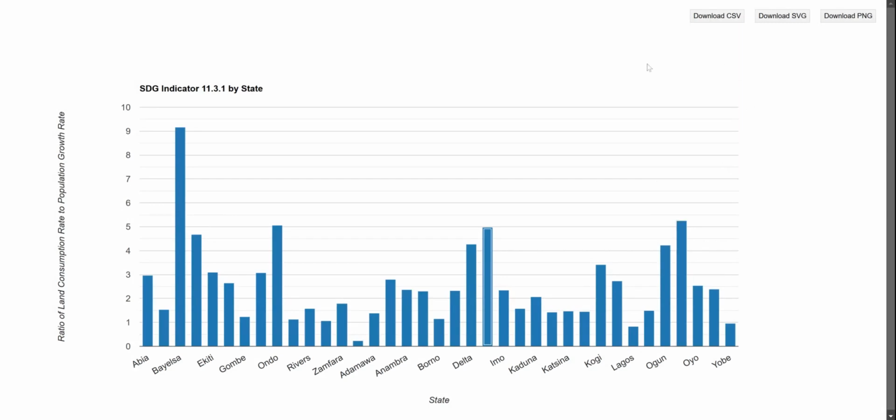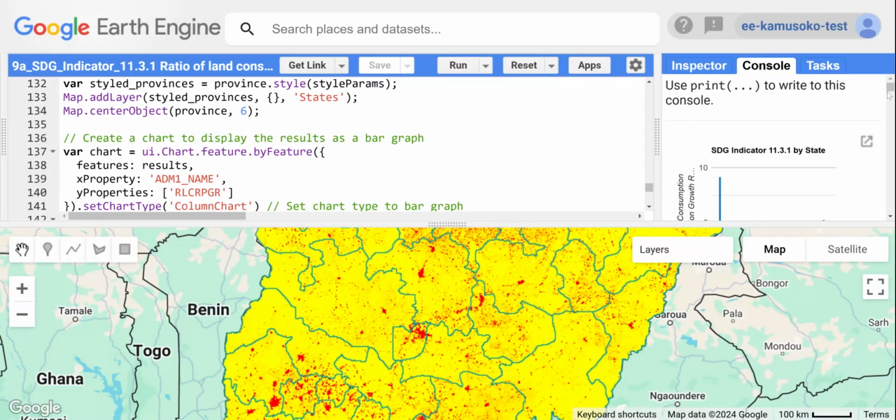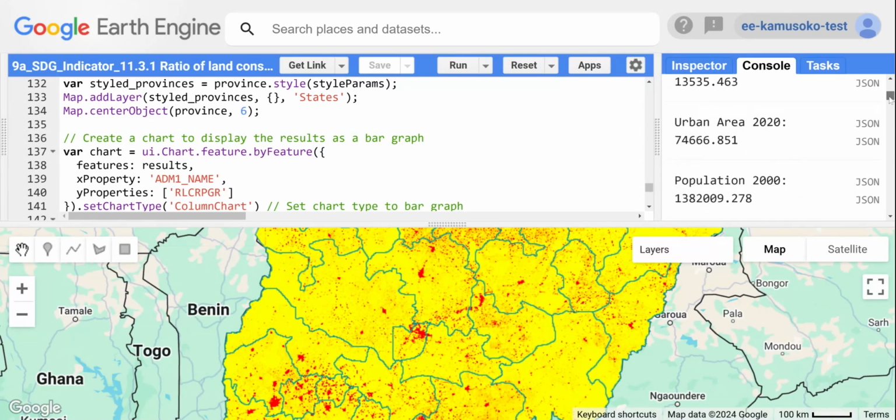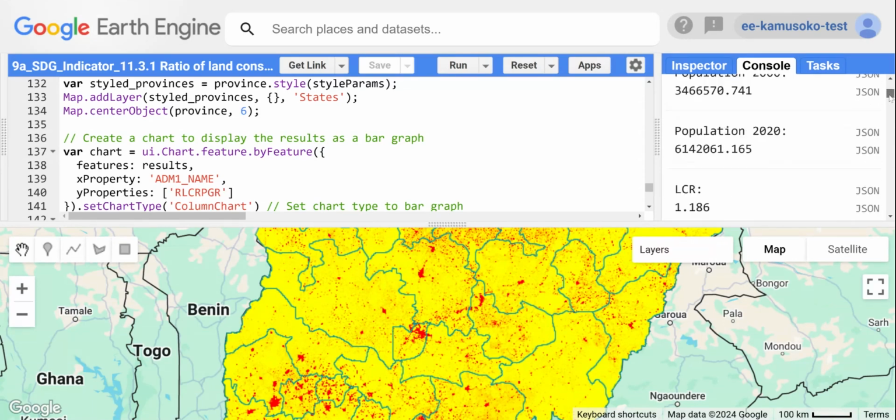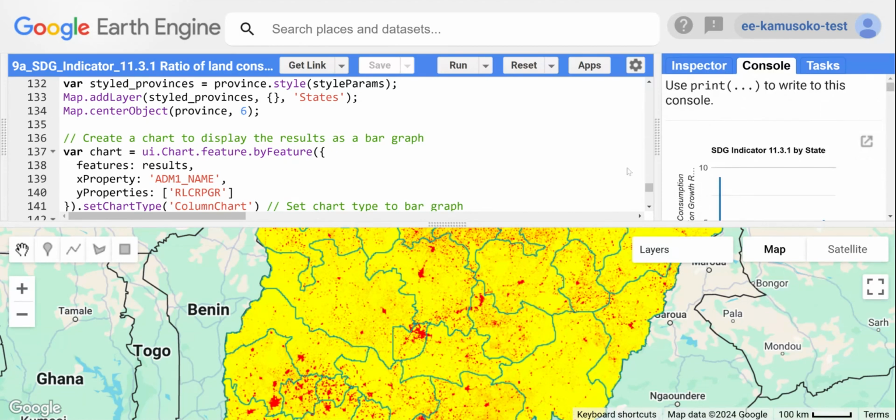Okay, so this is just giving us the results, so you can download them as a CSV or as graphs. Okay, and if we check, we can also see the results that are printed here. So this is quite informative. Right, so this is the code.